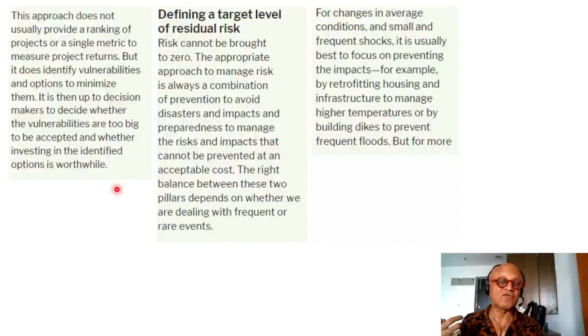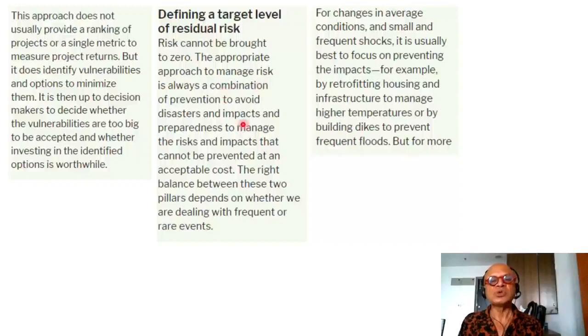You are already beginning to face the consequences of planning for 1 meter sea level rise, right? So residual risk in that sense can be something that may not necessarily be reversible. Risk cannot be brought to zero, so you are going to leave some residual risk behind.